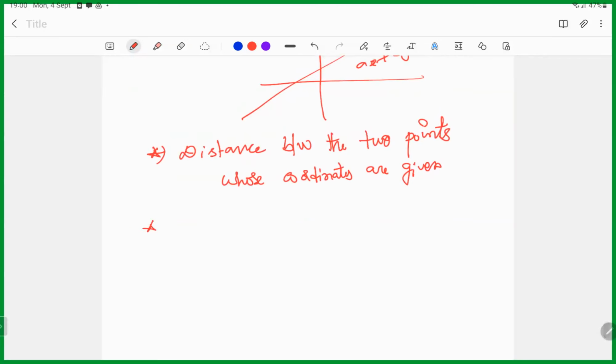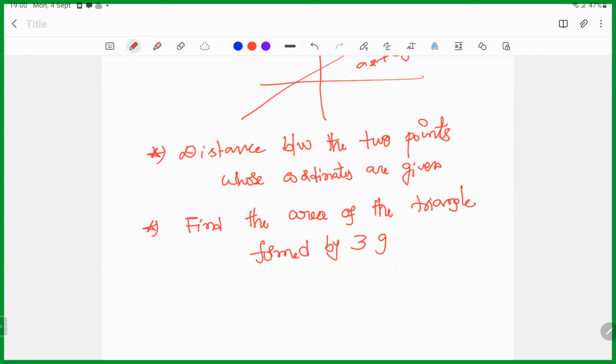And also find the area of the triangle formed by 3 given points.